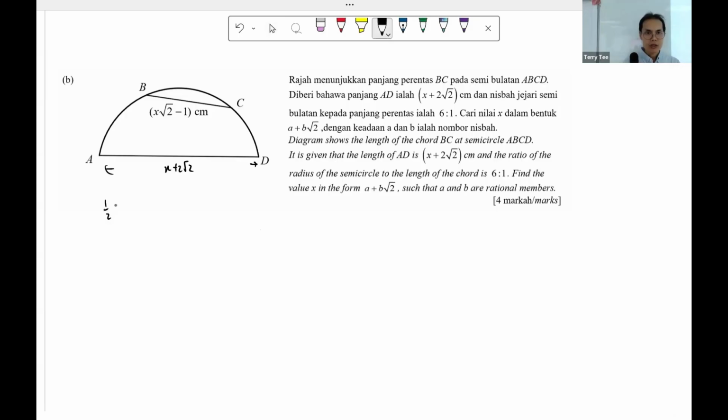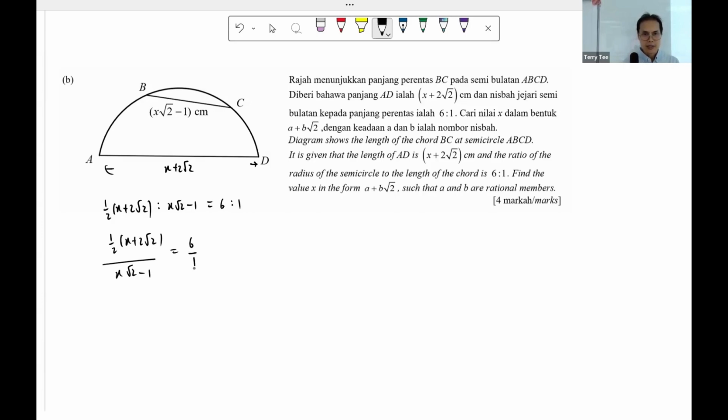So half of x plus 2 root 2 is to the length of this chord. The chord is x root 2 minus 1. The result is 6:1. But we cannot write in ratio form, so we convert into fraction. How to write in fraction? Half of x plus 2 root 2 divided by x root 2 minus 1.